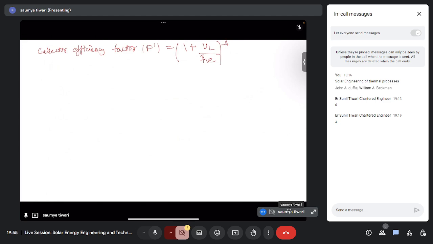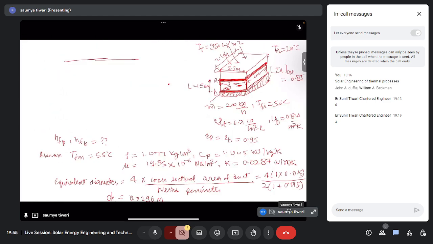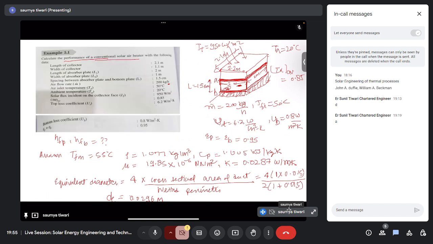So this F dash will be equal to 1 plus UL, where your top loss coefficient was 6.2 and the bottom loss coefficient was 0.8, and we have ignored the side loss coefficient. Assume that the side loss coefficient is negligible.